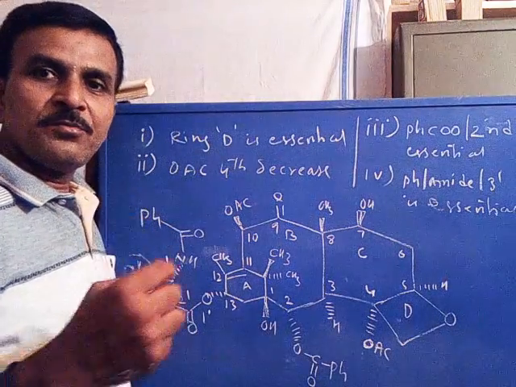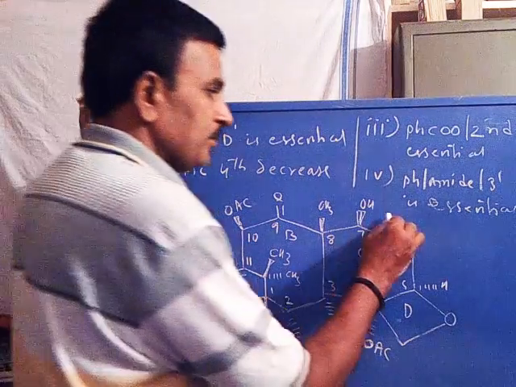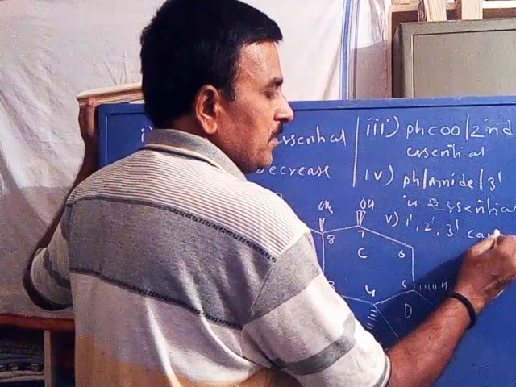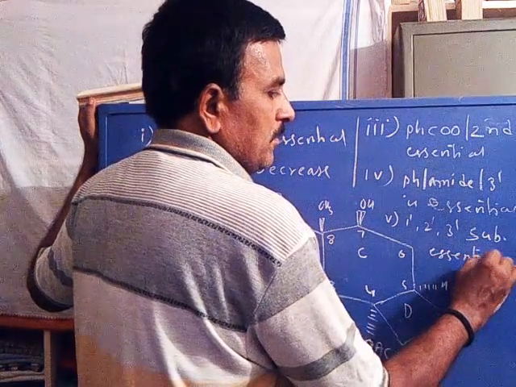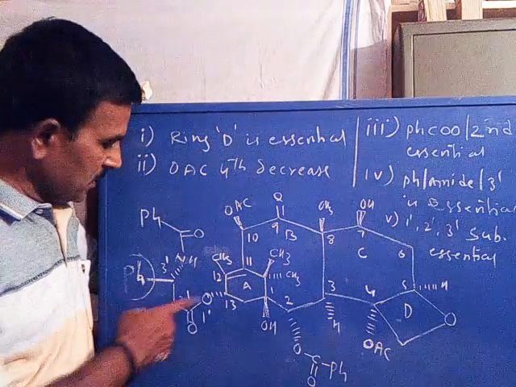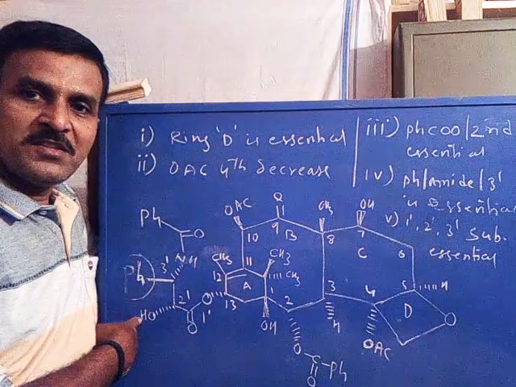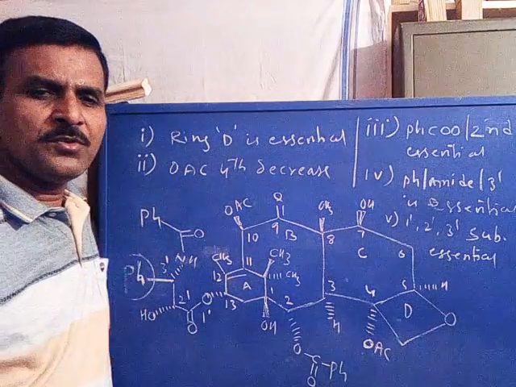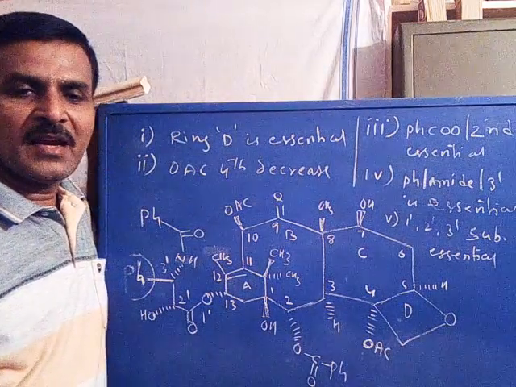So presence of substituents on 1', 2', 3' carbons is also essential. 1' is a C double bond O, 2' is an OH, 3' has one phenyl ring, one amide group. So substitution on 1', 2', 3' carbons is also essential for its activity.